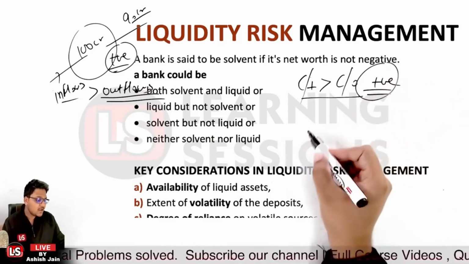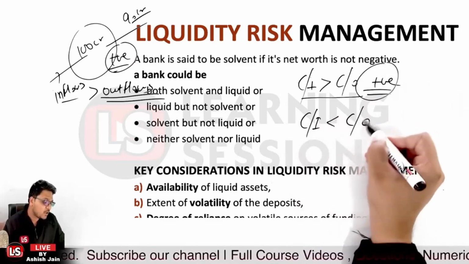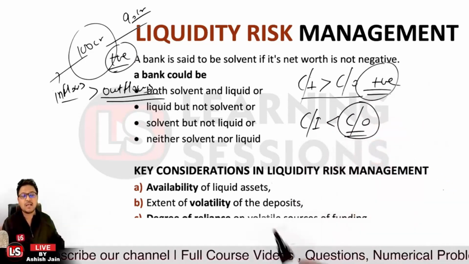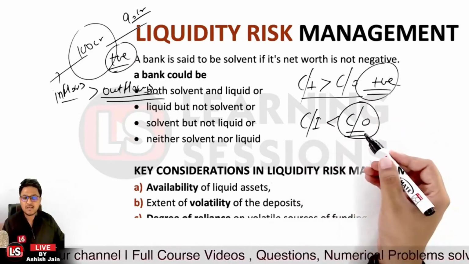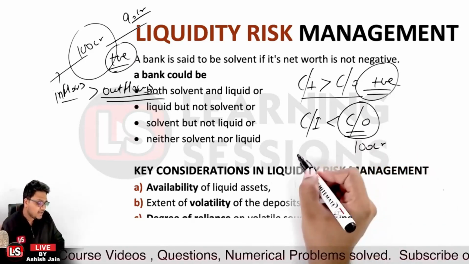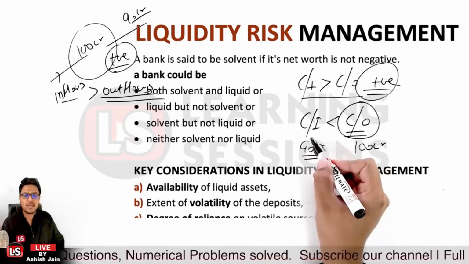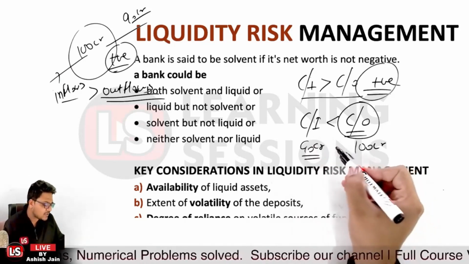But what's the case when we have cash inflows lesser than the cash outflows? In that particular case, we are basically out of funds, because that signifies what? That we are to pay. Let's take the case that we are to pay 100 crore rupees and we are just to receive 90 crore rupees. We are just assuming the amounts here. Now in this case, the cash inflow is lesser than the cash outflow.